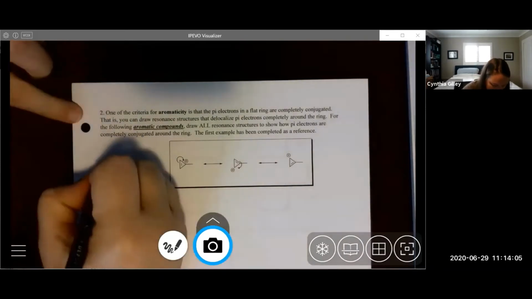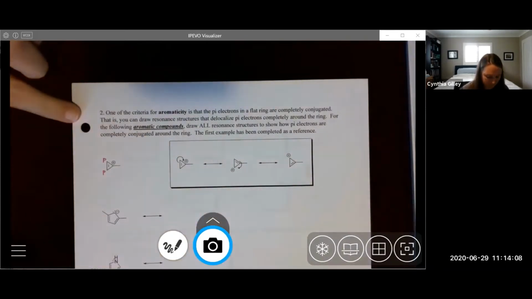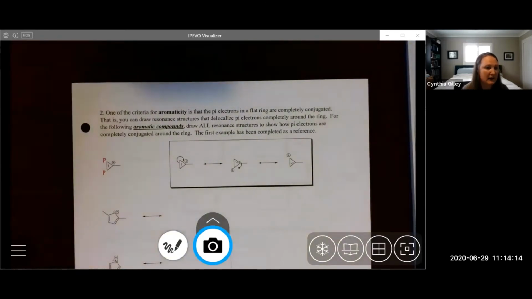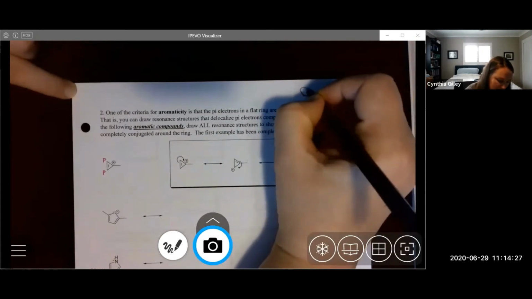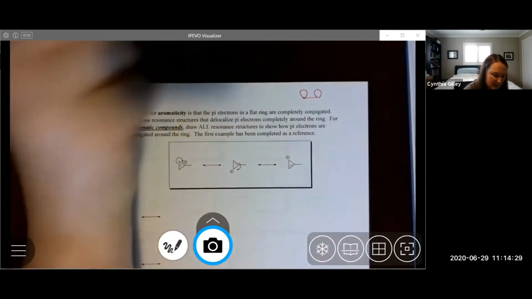So you might know that pi bonds are overlapping p orbitals. Unhybridized p orbitals, when they do that side-to-side overlap, form a pi bond. If you don't remember that, go review the difference between a sigma bond and a pi bond. And what you'll see is a pi bond is overlapping p orbitals.